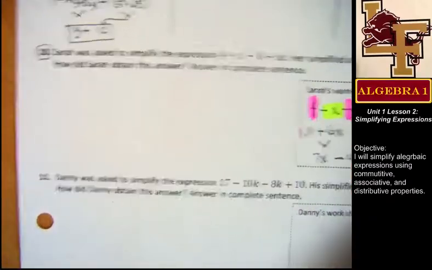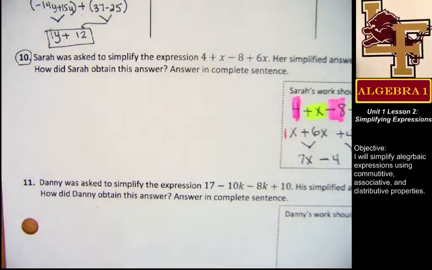So in a complete sentence, you're going to write something to that effect of, Sarah forgot that when a variable doesn't have a coefficient listed, the coefficient is 1. Something like that. It doesn't have to be that many words. But something to the effect of, Sarah forgot that when x is by itself, it has a coefficient. And that coefficient is a 1.